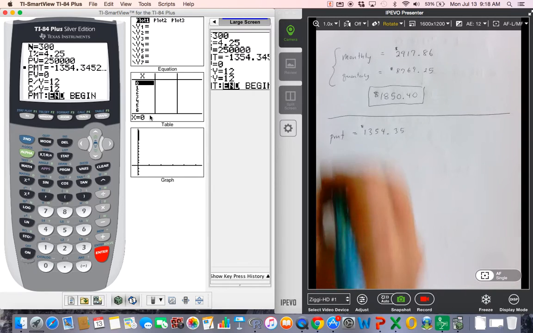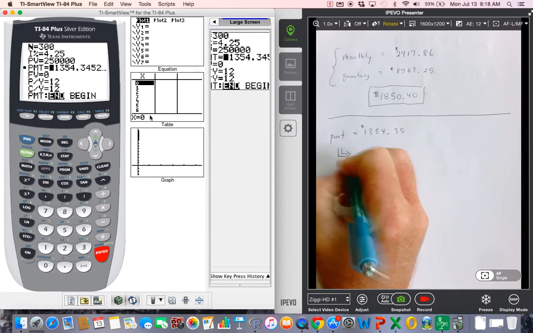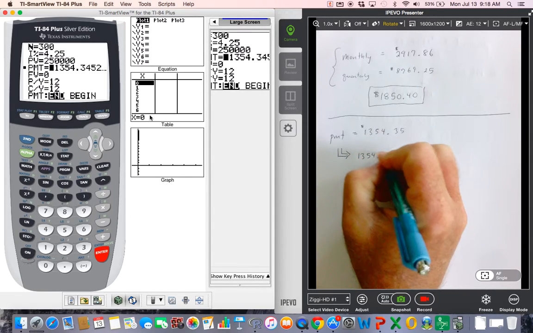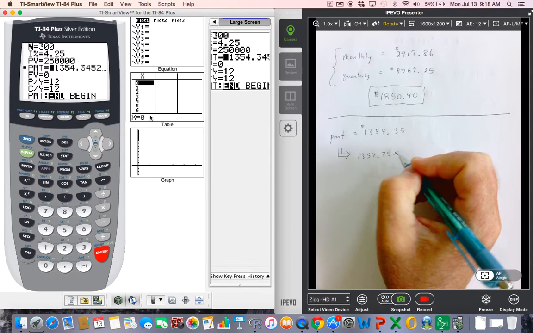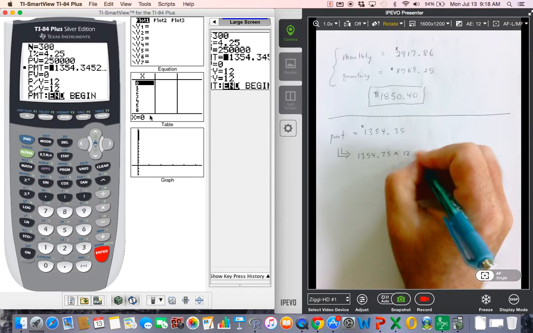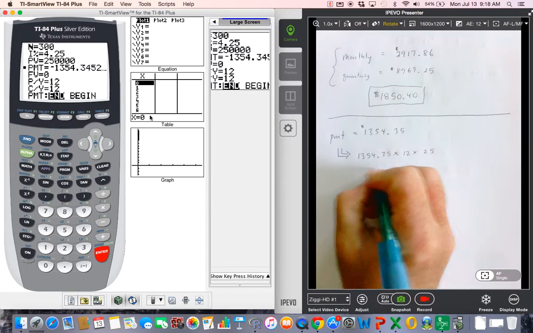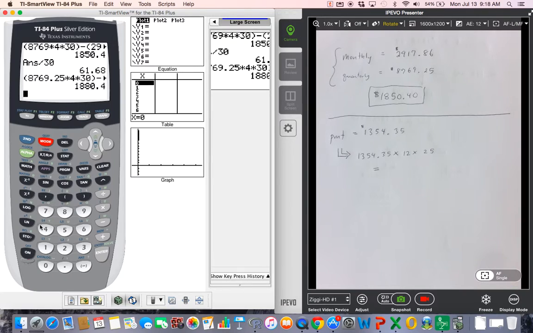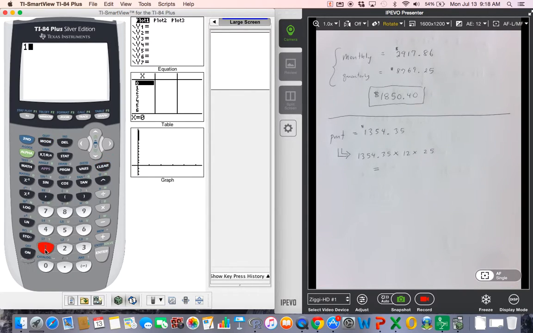Now, essentially, we're going to pay the bank that amount of money for 25 years, right? Yeah.